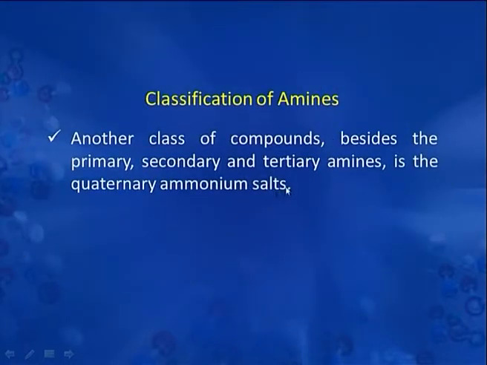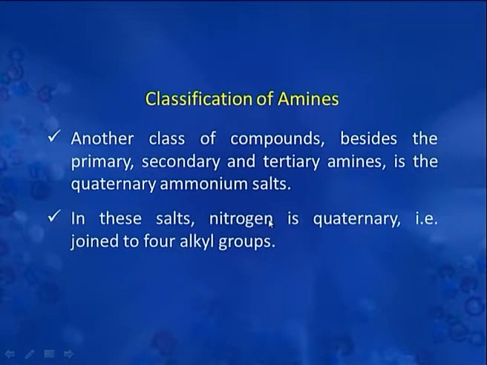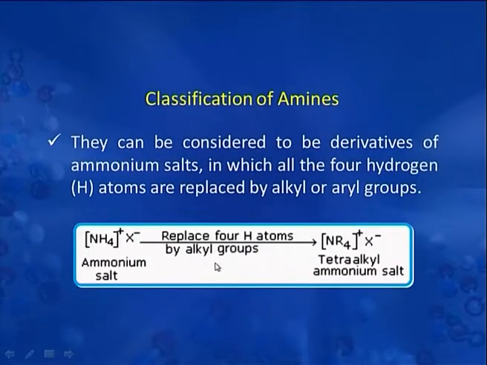Another class of compounds besides primary, secondary and tertiary amines is the quaternary ammonium salt, and in these salts nitrogen is a quaternary function, that is joined to 4 alkyl groups. You can see here in this example that this is an ammonium salt. If you are asked to name this molecule, this basically is an ammonium halide.